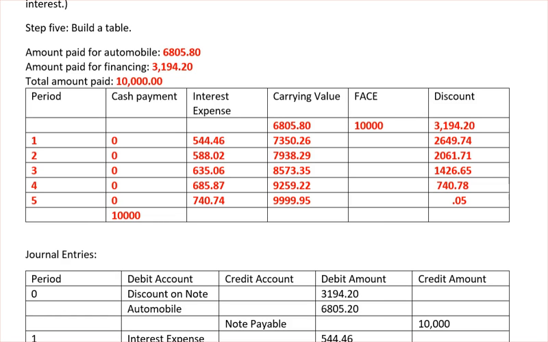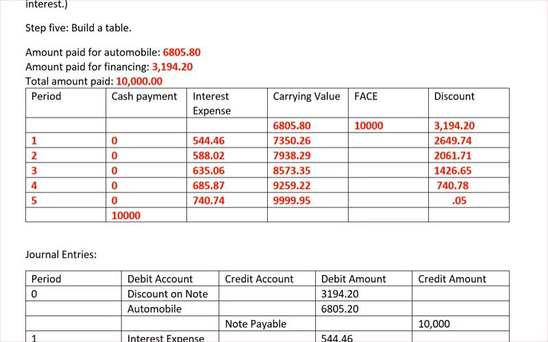So the first journal entry that's done is done when the automobile is brought back home to the business, and we record the automobile not at $10,000 but at a lesser amount because we understand that part of the amount we are paying is actually for interest.